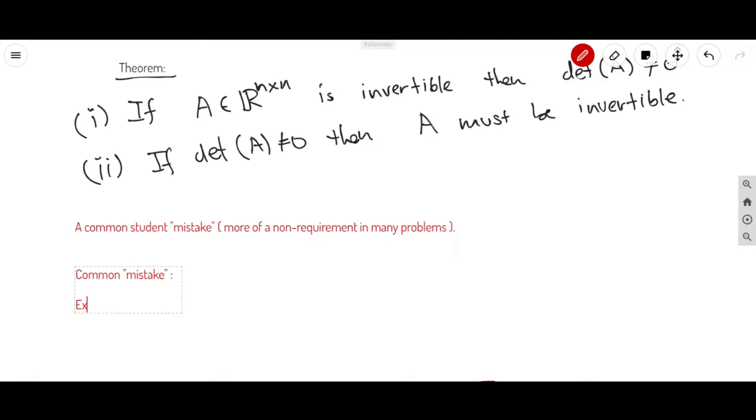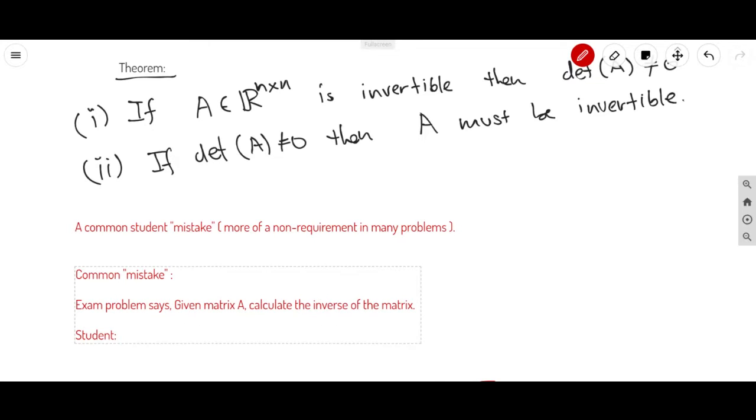So you have an exam problem. The exam problem says, given matrix A, calculate the inverse of the matrix. And then the student does the following.